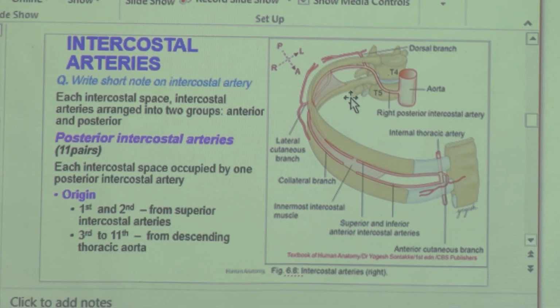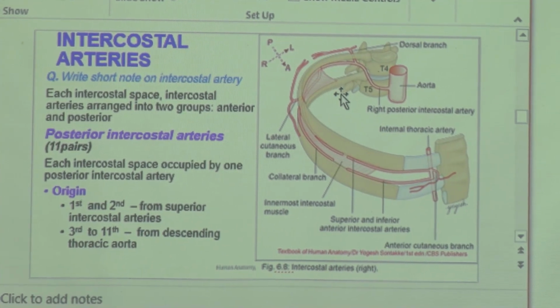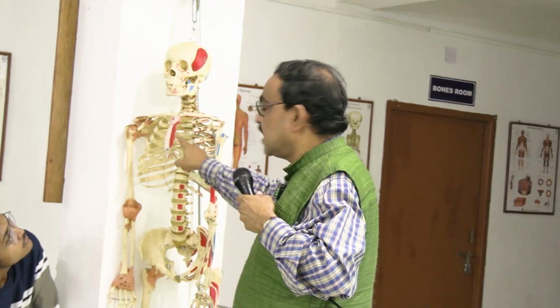The anastomosing point is the costochondral junction. At the costochondral junction, the posterior set and anterior set anastomose with each other. Okay. So this is the first, second, third, fourth spaces.